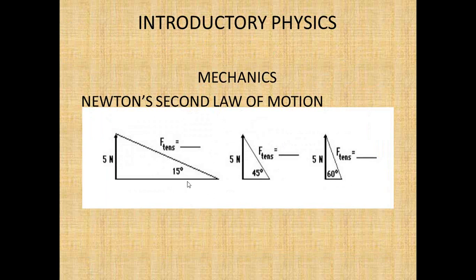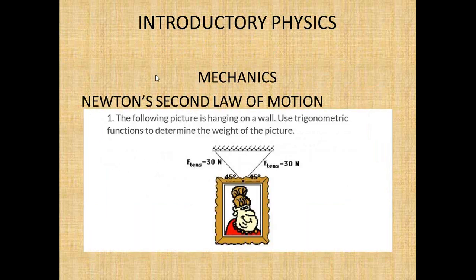It is not the horizontal component. The vertical component of the force is going to lift it. All right. So the following picture is on a wall. You're going to use your trigonometric function to determine the weight of the frame. So this is 45 degrees, 45 degrees.